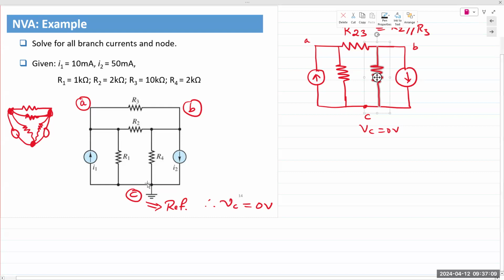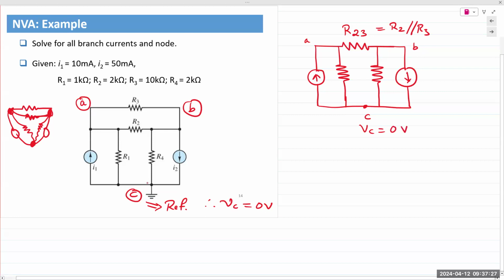I will explain at the end. Once we find the final answers, I will explain what it means, and also what happens if we choose A as a reference and B as a reference. So right now we choose C as the reference node, so VC is assigned as 0 volts.